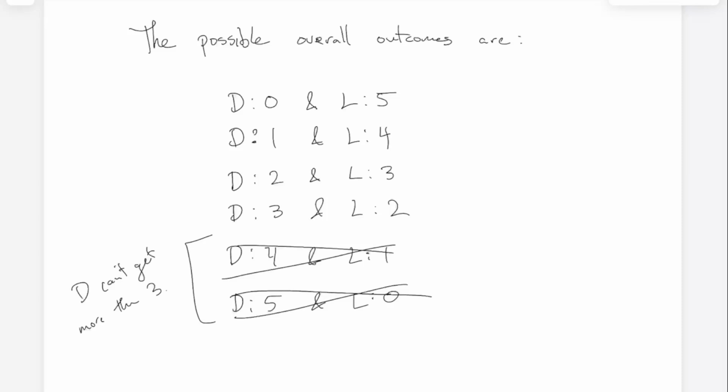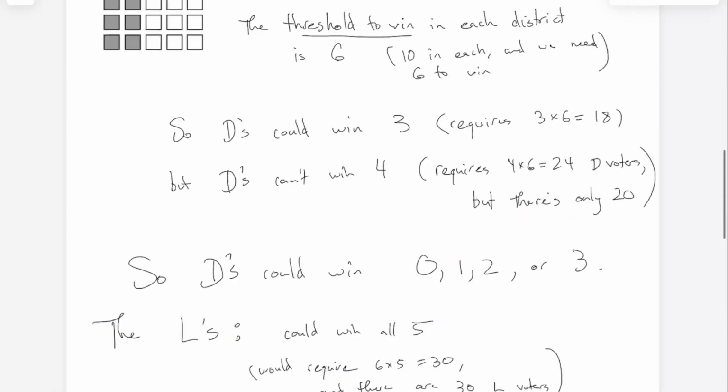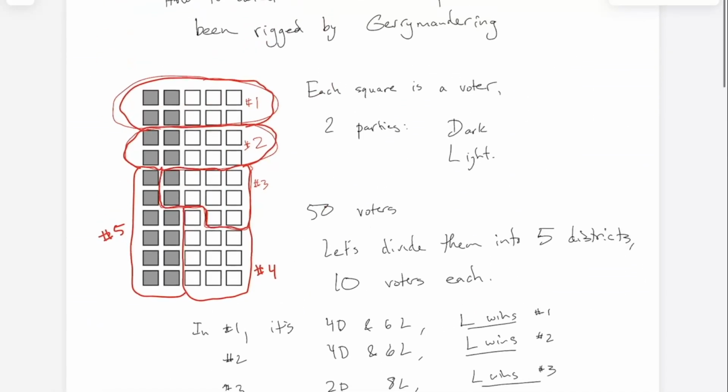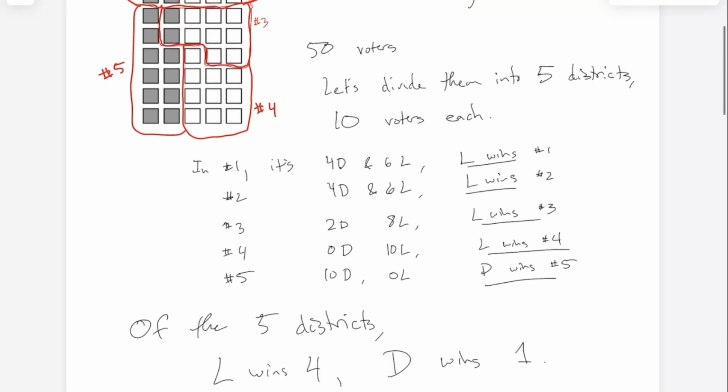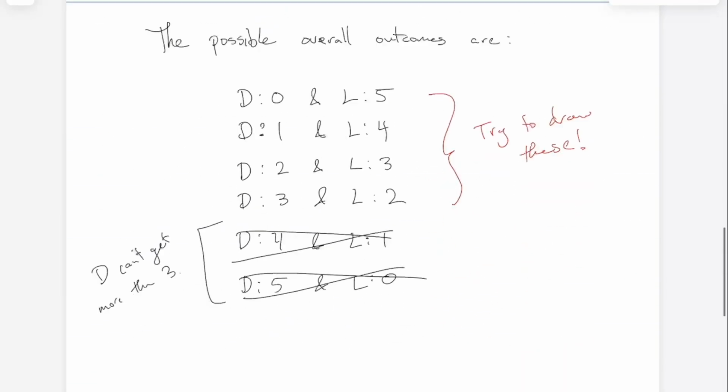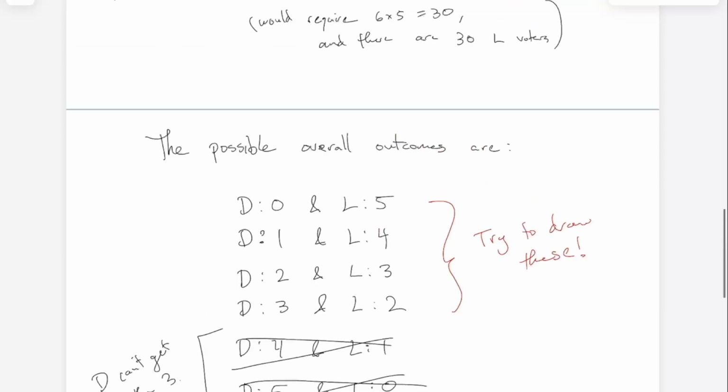I would like to try to actually draw pictures for those 4 different arrangements. So let's try to draw these. And actually, the one that I did at the very beginning, do we remember? The overall result there was the L's got 4 and the D's got 1. So I'm going to say that's this one, right?